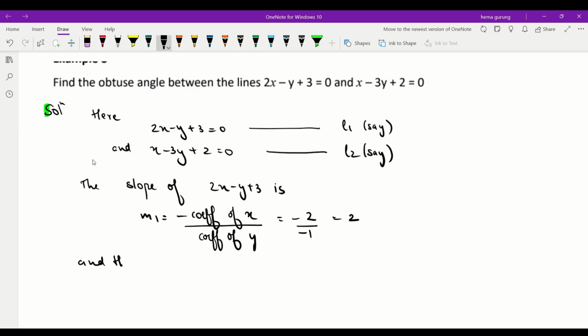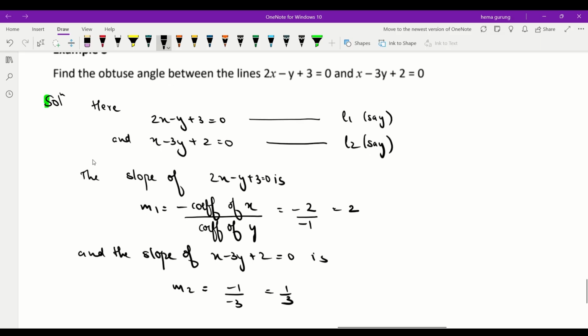And the slope of x minus 3y plus 2 equals to 0 is m2. I'll write directly here, minus 1 divided by minus 3, which is 1 by 3.